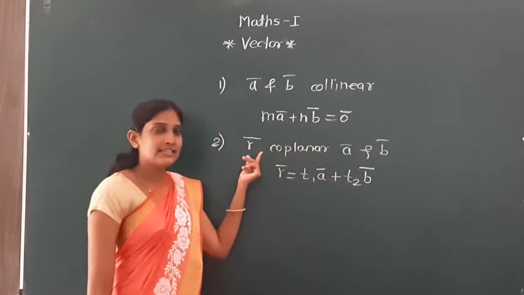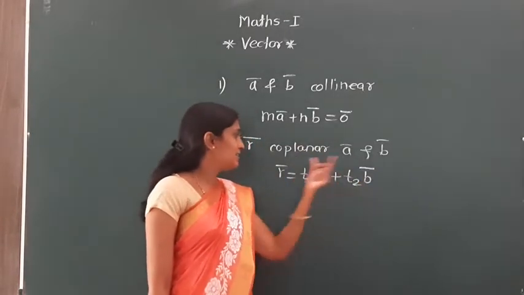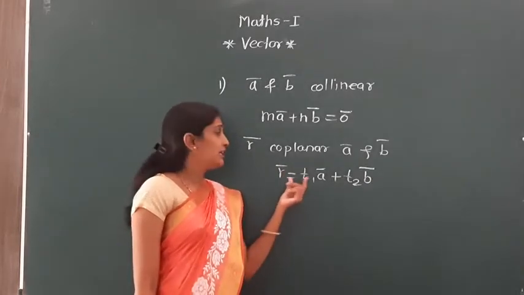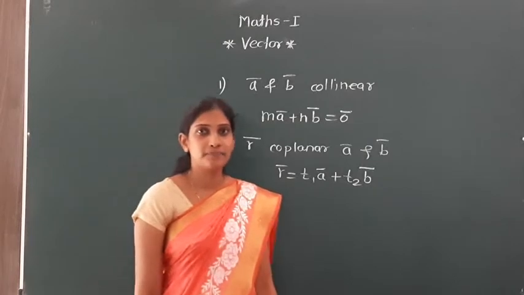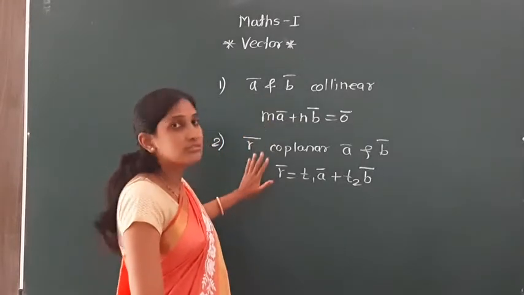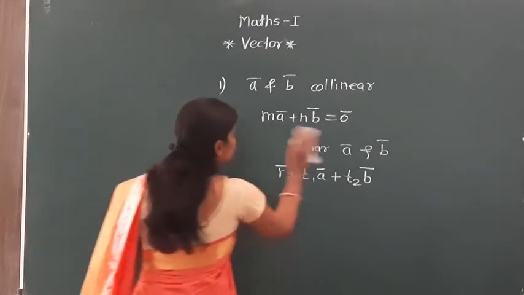And second, if r bar is coplanar with a bar and b bar, then r bar is equal to t1 a bar plus t2 b bar. Remember these two statements.